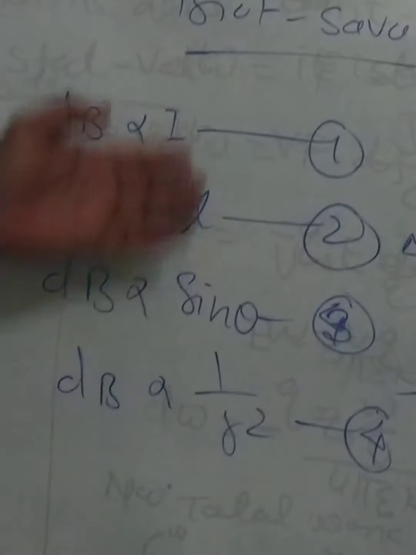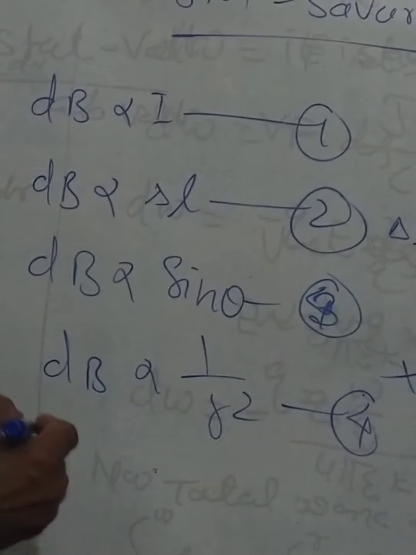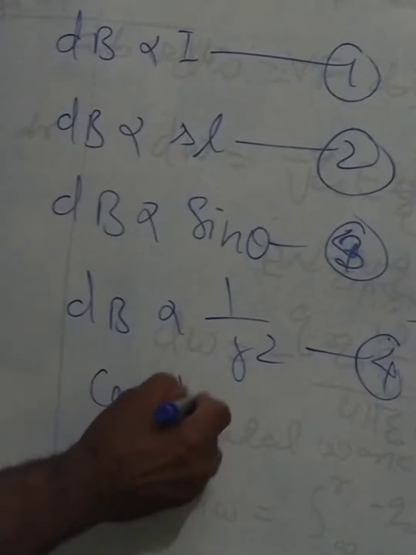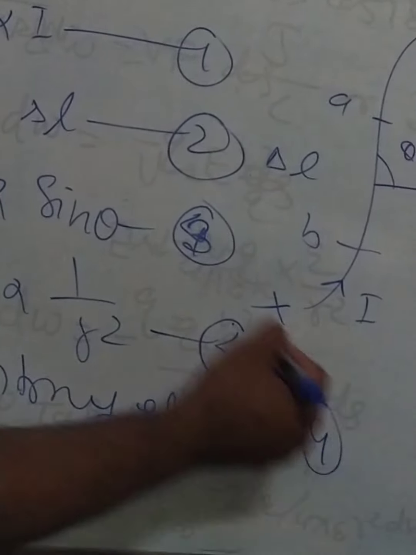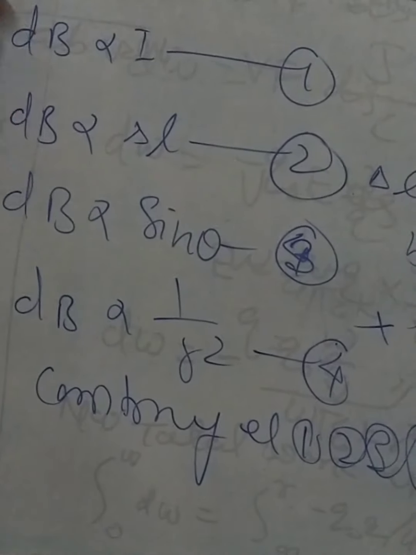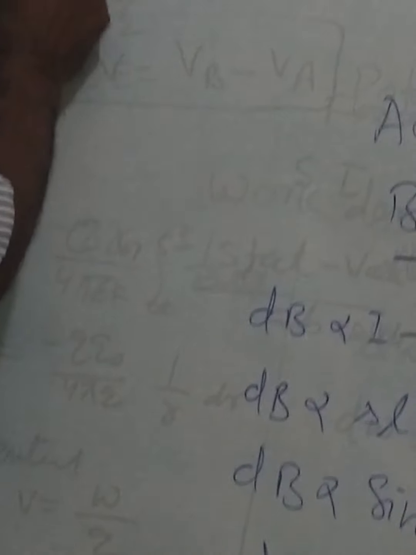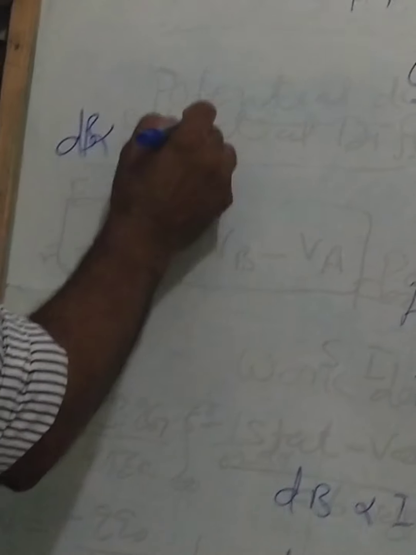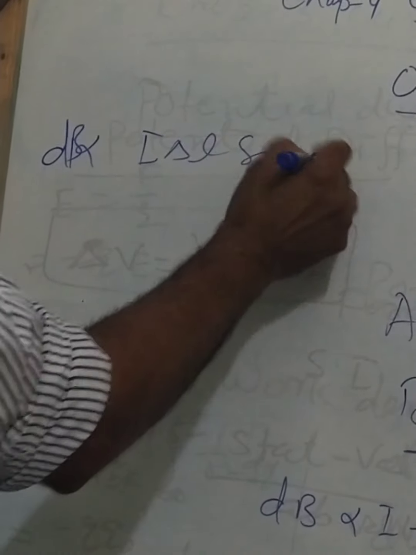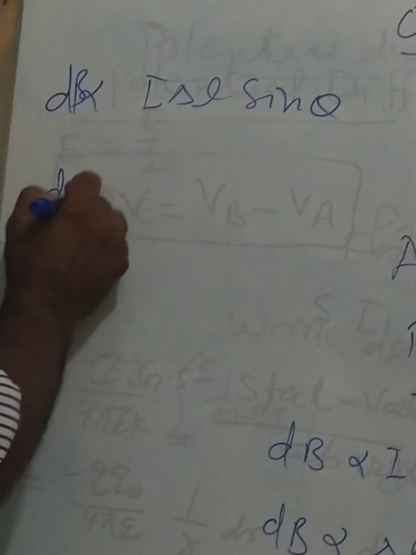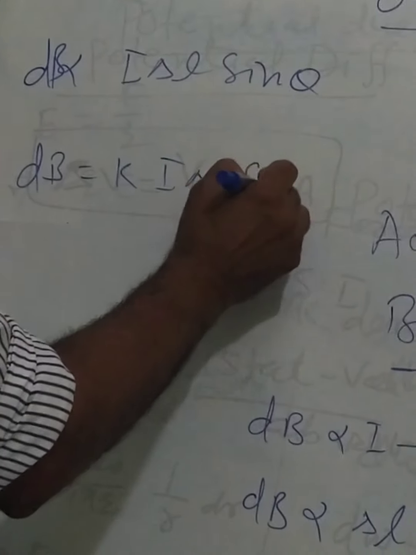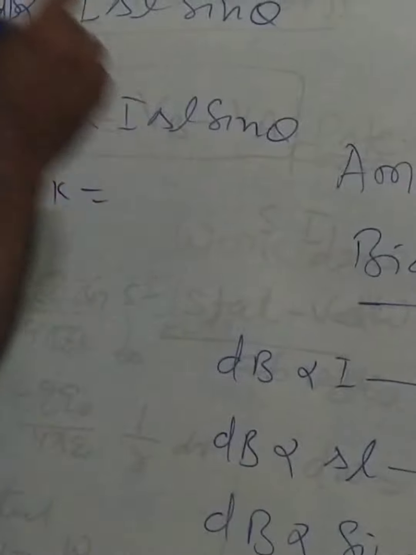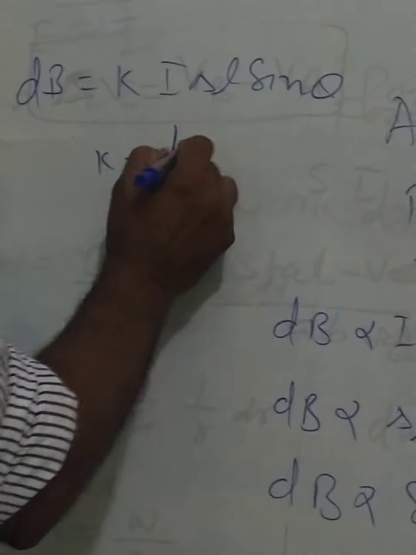So he assumed these four components. If we combine equations 1, 2, 3 and 4, you will get dB directly proportional to I del L sine theta. Removing the proportionality, there is a constant k, so dB equals k I del L sine theta, and suppose the value of k for this medium is mu naught upon 4 pi.